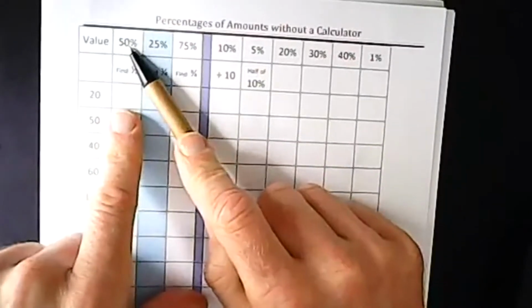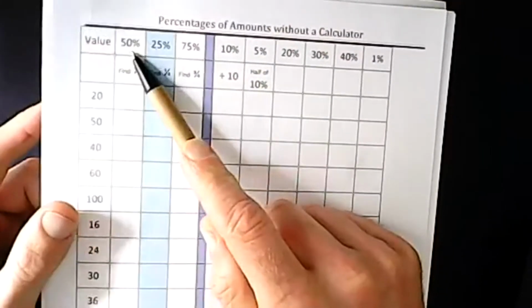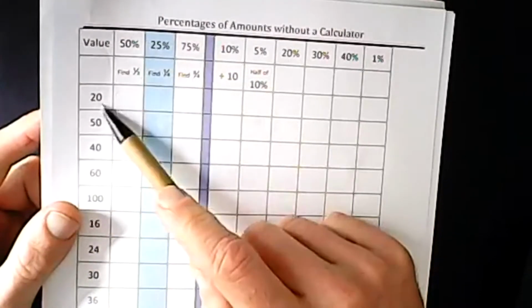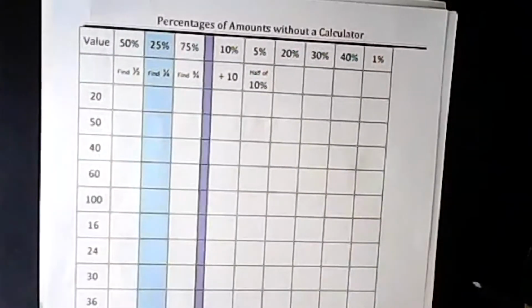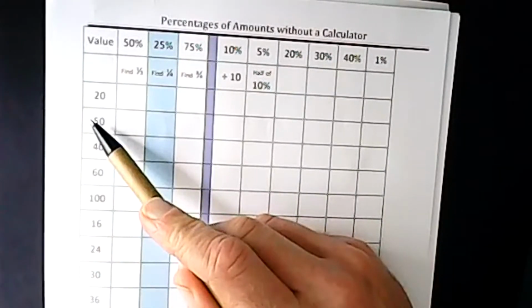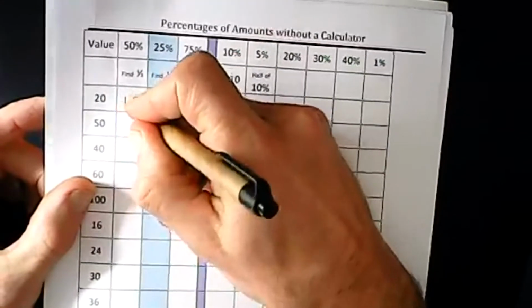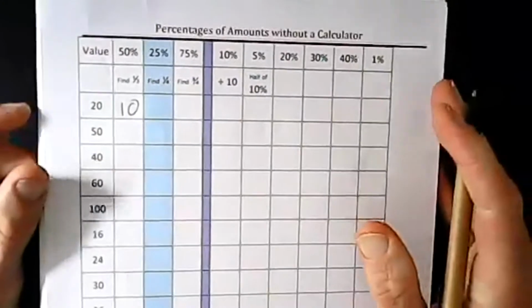So 50% of something. When we find 50% of something, what we're going to do is halve that number. Halving is relatively straightforward. So half of 20 is going to be 10.